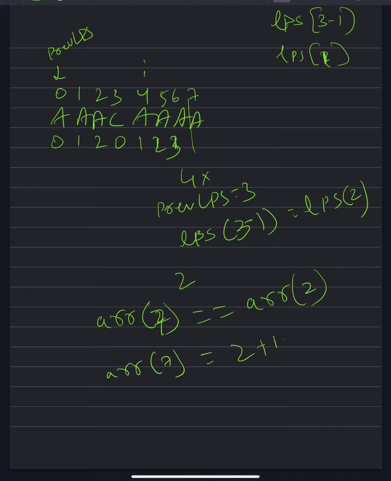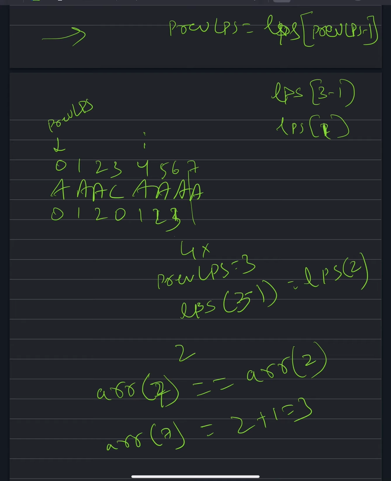Okay, I hope you get this because this is a bit tricky one. Like to get this intuition why we are doing this, we are doing this just to identify what is the previous LPS possible.